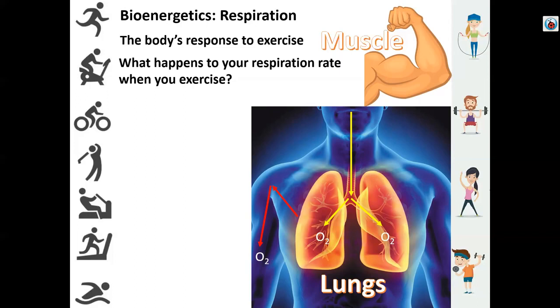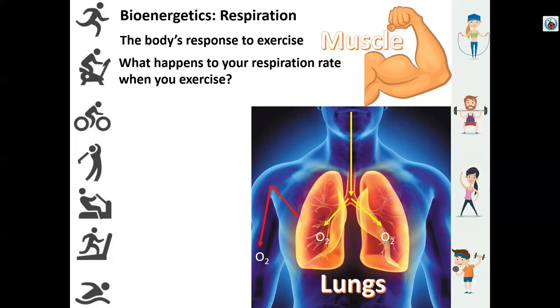So one thing you would have noticed is that your breathing rate increased. So you're breathing more regularly, more frequently. And also the volume of each breath is increased. You're taking in more oxygen because your muscles need that oxygen to respire aerobically.